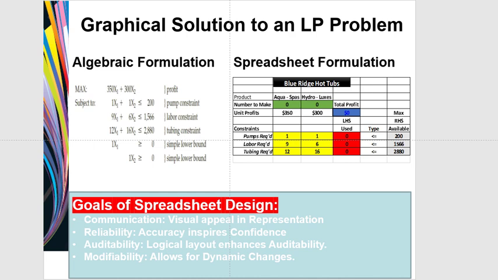Then the other key goal is that of modifiability. And here, under modifiability, we recognize that, in any decision situation represented, for example, in this situation, the algebraic, the linear programming problem, there are likely to be changes. For instance, a situation may arise where the price of the first product now goes up.